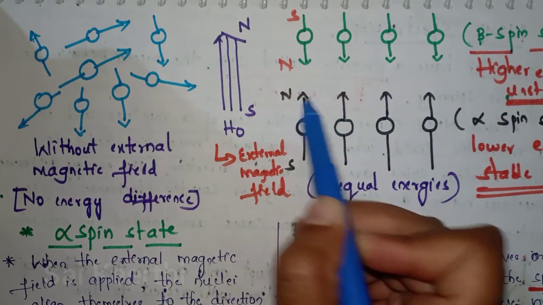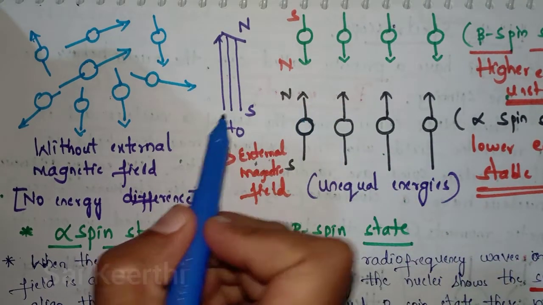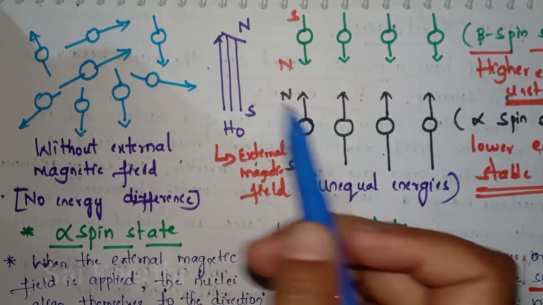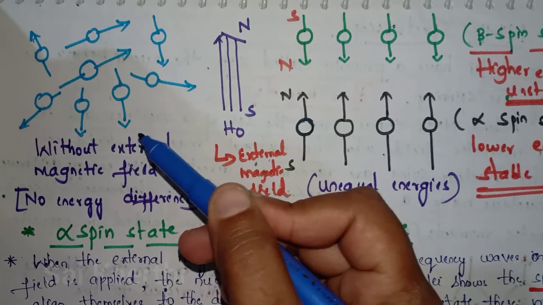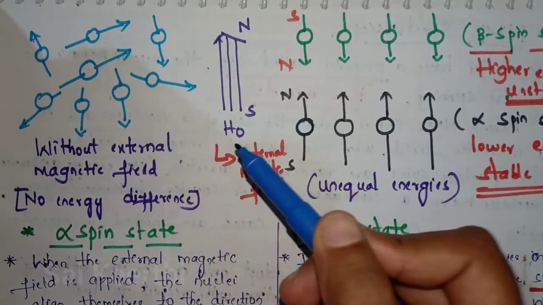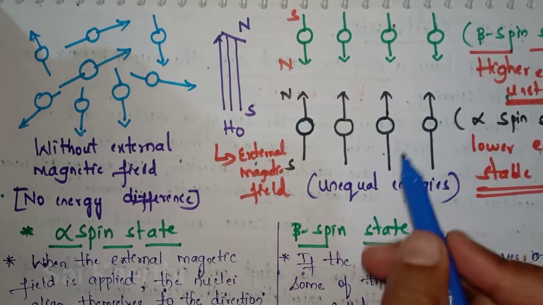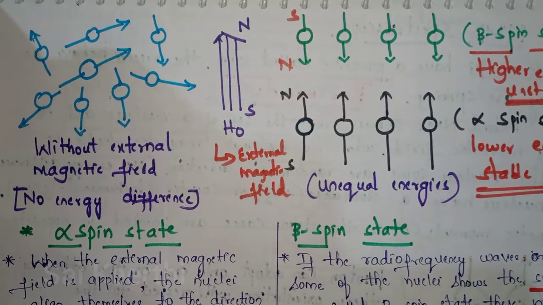Compare these two, they are in the same direction. So when the external magnetic field is applied, if the nuclei align themselves to the direction of the applied magnetic field, then that state is called the alpha spin state, and it is a lower energy state and a stable state.